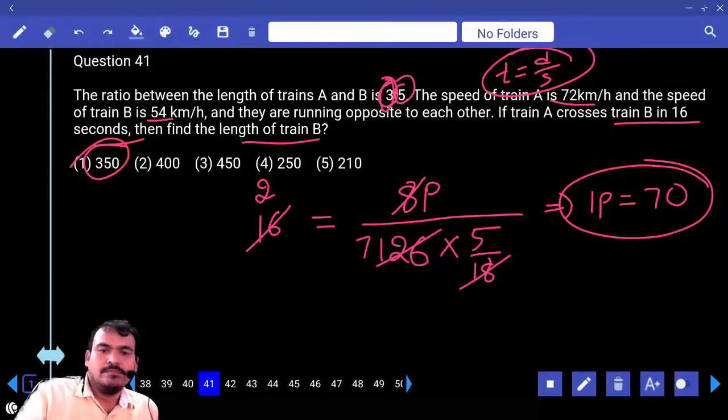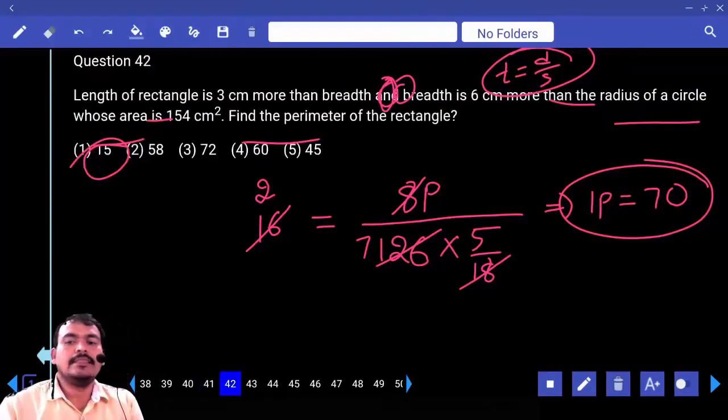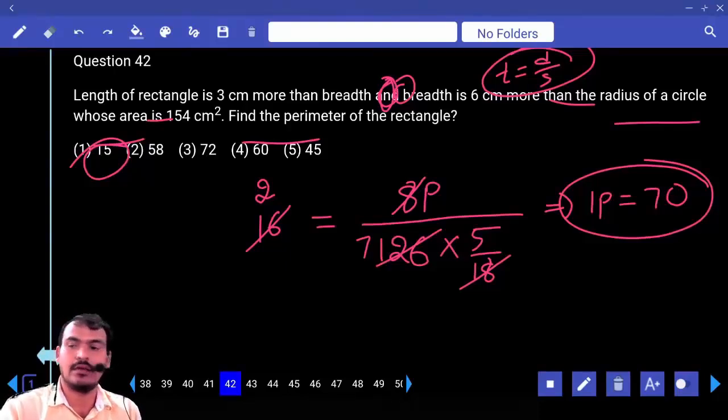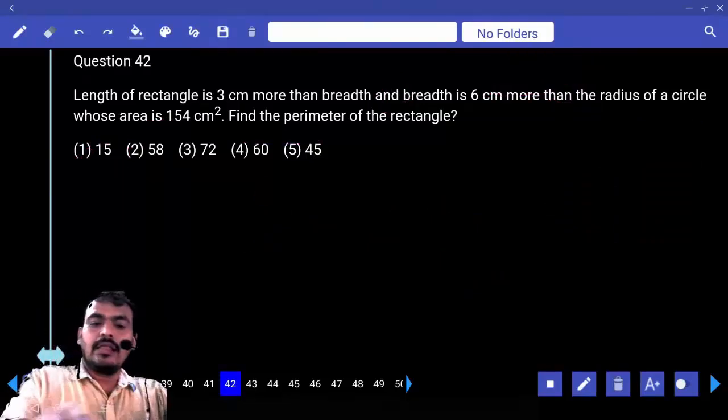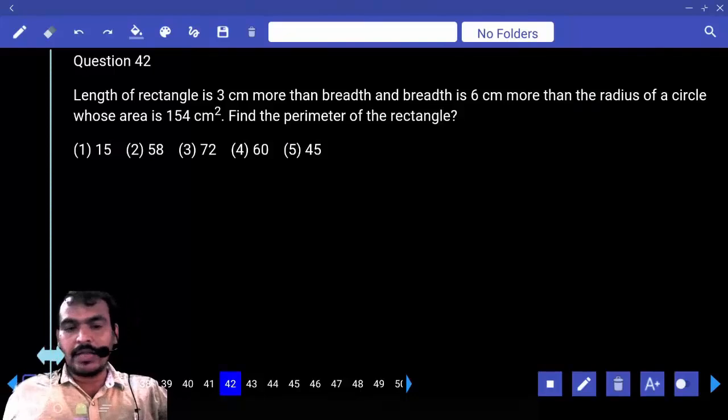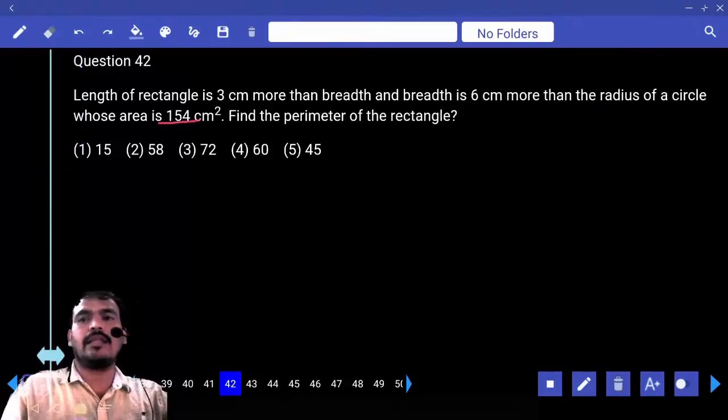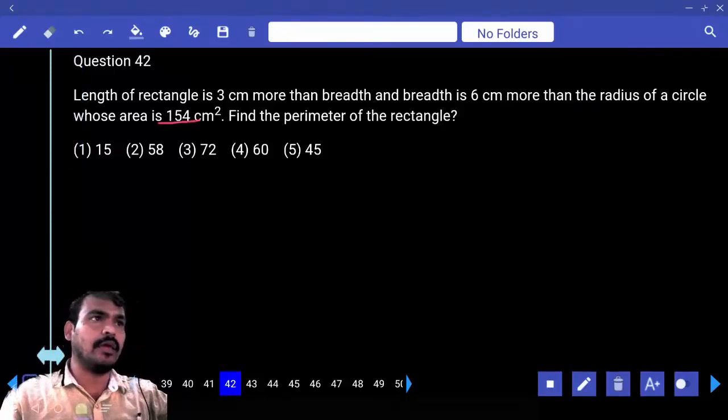Next, 42. The length of a rectangle is 3 centimeters more than the breadth, and the breadth is 6 centimeters more than the radius of a circle whose area is 154 centimeter square. What is the question here? Perimeter of the rectangle. What is the area of a circle? Pi r square. In place of pi r square, how much value is given? 154.